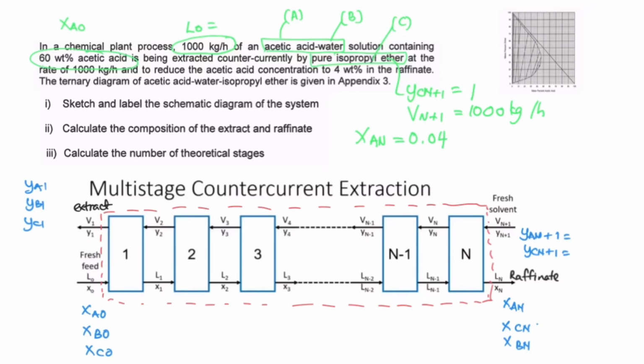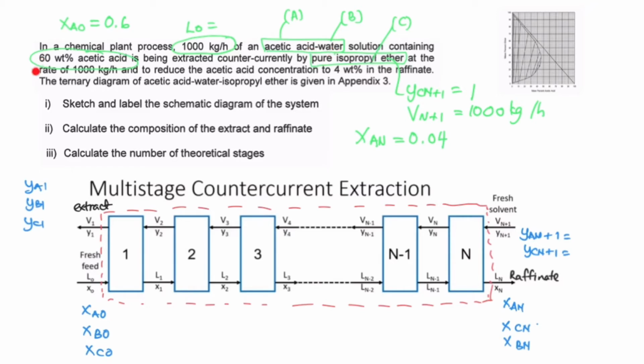Okay, so not to forget here, XA0 is equal to 0.6. Even though the value given here is 60% for acetic acid, you should know that the solution only consists of acetic acid and water.